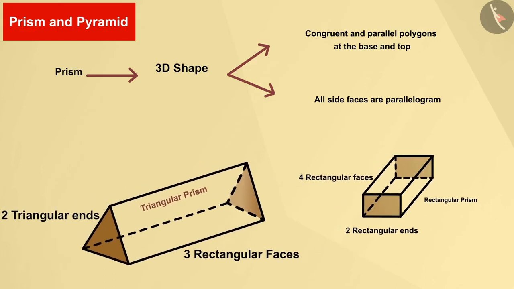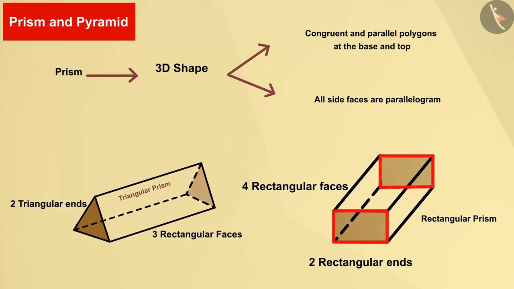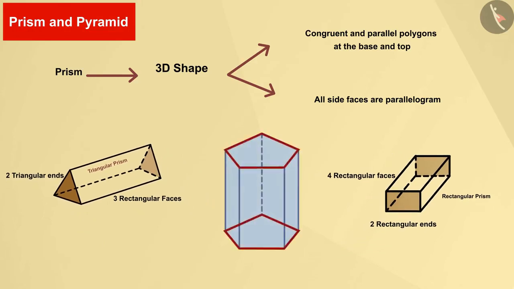As its ends are triangular, so it is a triangular prism. Its ends are rectangles, so it is a rectangular prism. Its ends are pentagon, therefore it is a pentagonal prism. Similarly, you can also identify the name of the prism according to the base and upper end of a prism.